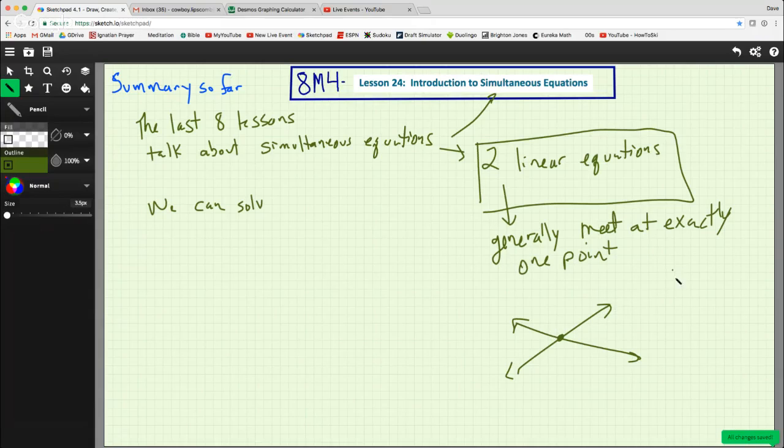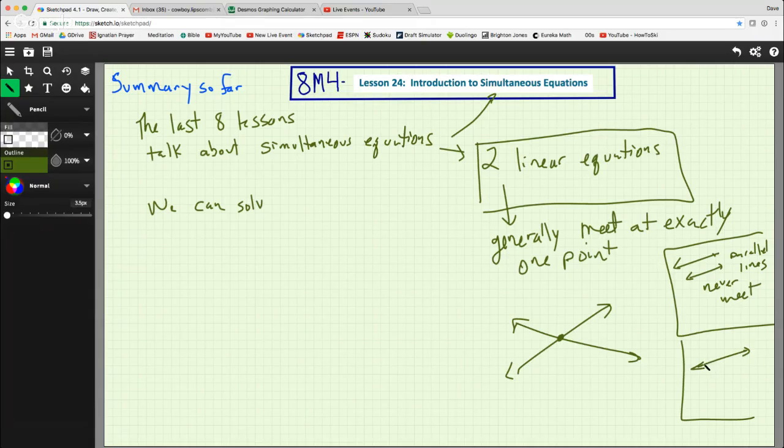There are some exceptions, and the 2 exceptions are parallel lines. Parallel lines never meet. And then lines on top of each other meet infinite times, right?